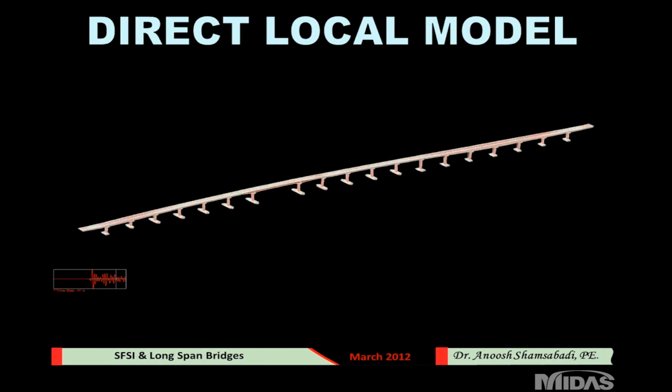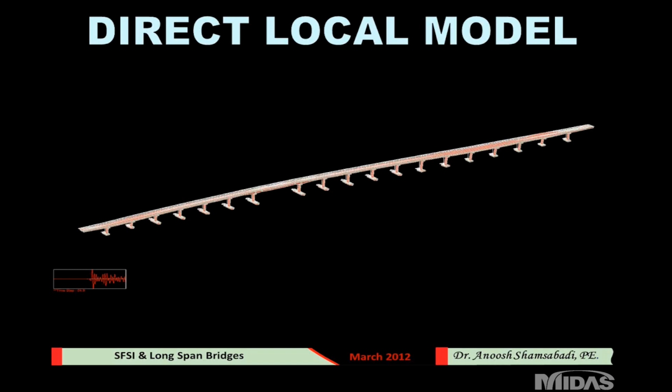But with the new application of Midas, I don't know if you have the latest version, you can easily implement a 6x6 matrix, a damping matrix, and a mass matrix at the bottom of the foundation, or the bottom of the pile cap or the column, depending on what your references are.